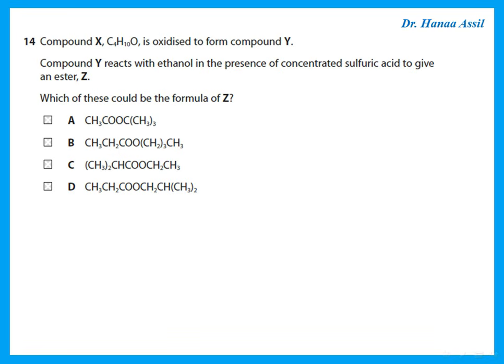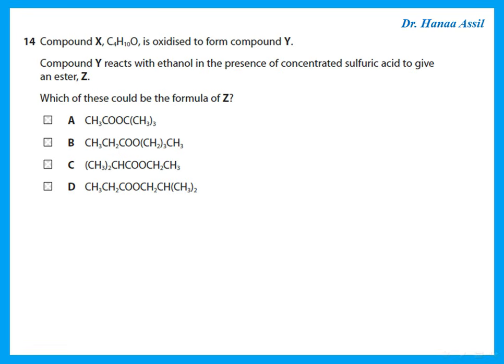Compound X, C4H10O, is oxidized to form compound Y. Now, compound Y reacts with ethanol in presence of concentrated sulfuric acid to give an ester Z. What could be the formula of Z? Okay, what is Z? If I react something with ethanol in presence of concentrated sulfuric acid, it's giving me an ester, so Y must be an acid.